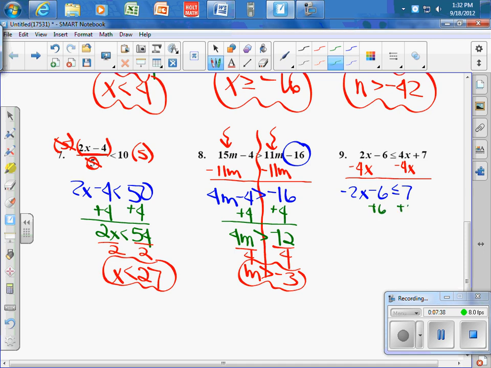Add 6 to both sides. Negative 2x is less than or equal to 13. Dividing both sides by negative 2 reverses the inequality sign, so it'll now read greater than or equal to. X is greater than or equal to, and again, I want to leave this as an improper fraction, negative 13 over 2.